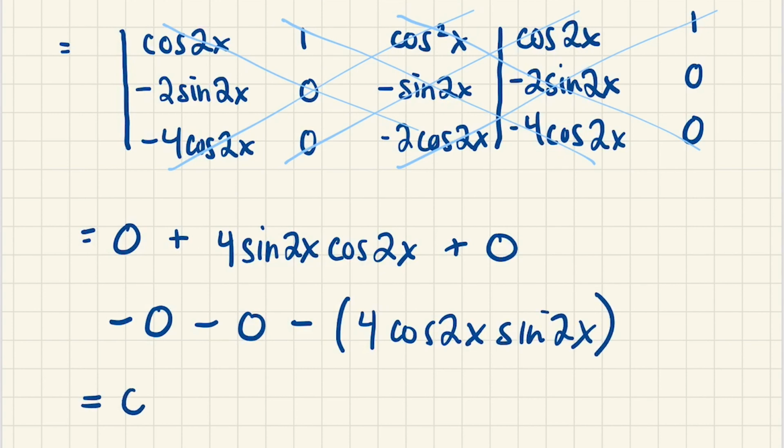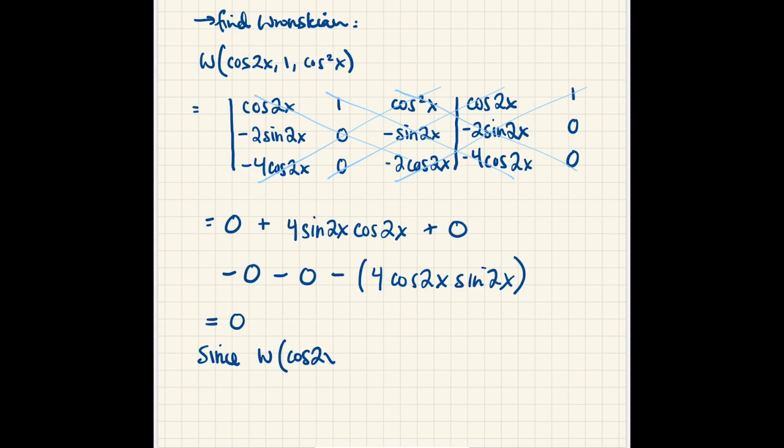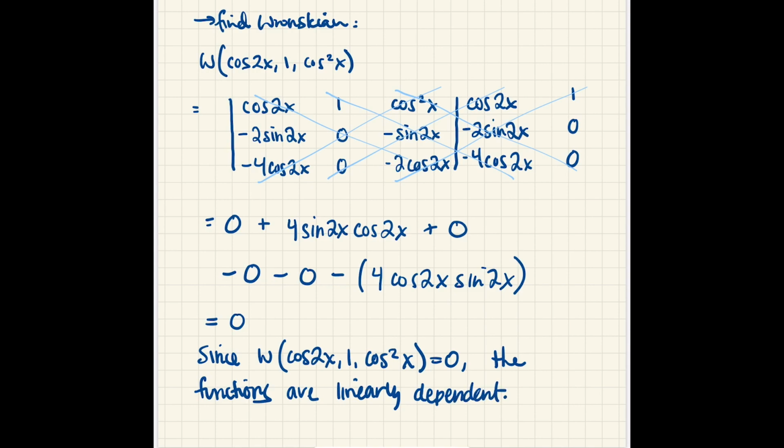And this determinant, in fact, identically evaluates to 0. So since the Wronskian of this set of functions equals 0, the functions are linearly dependent.